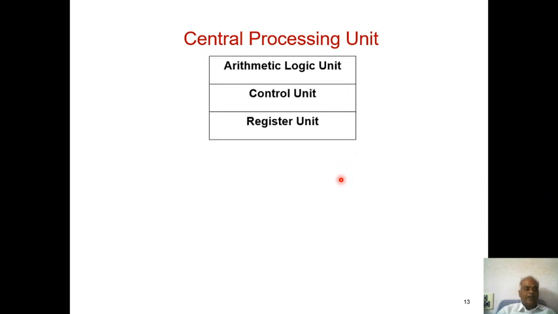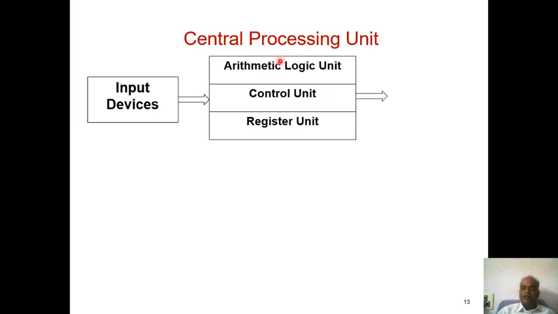Let us look at this diagram. One is the central processing unit, which is also called the CPU. The other kind is the input devices. The user gives the data through the input devices to the computer system, that is, the central processing unit. The central processing unit processes the data and produces the result as information to the output devices.